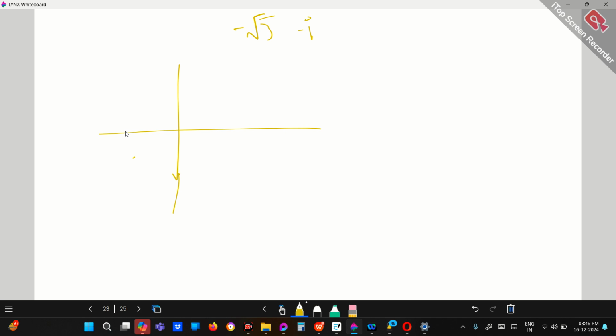It is nothing big here. The angle will be the same, pi by 6, not a problem. It will be minus pi by 6. Again pi by 6.